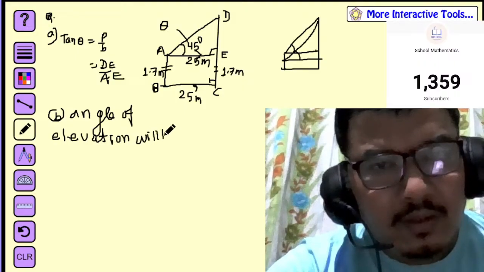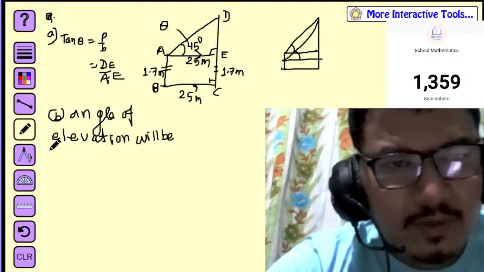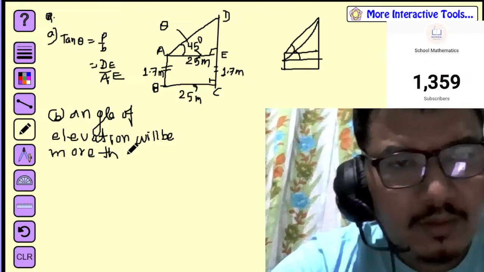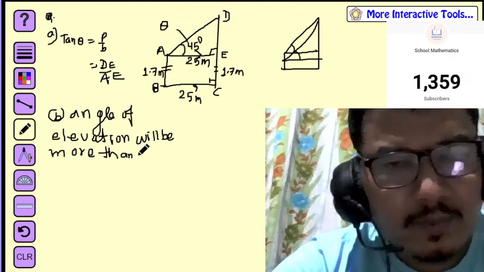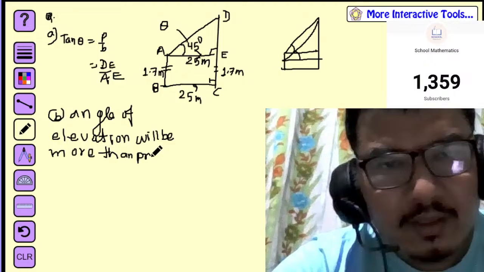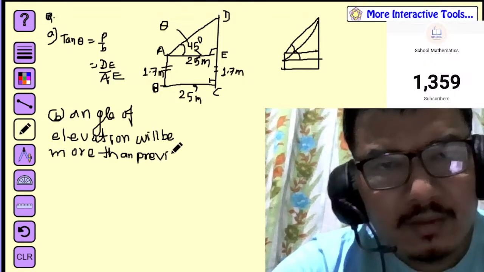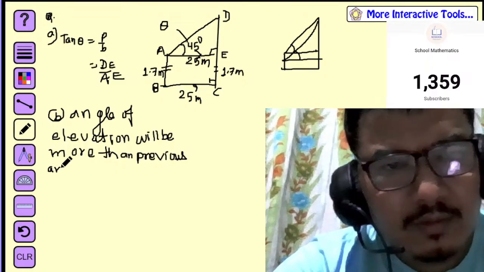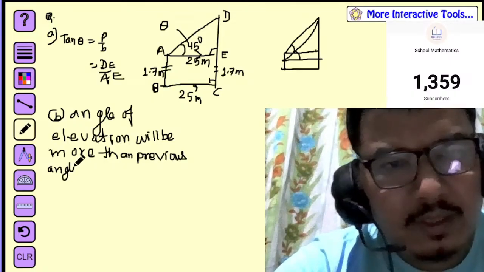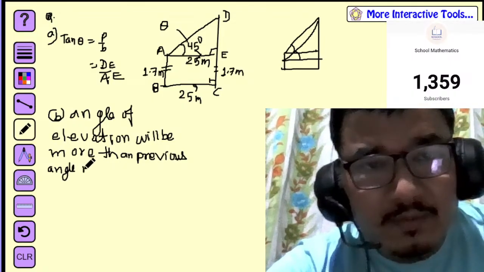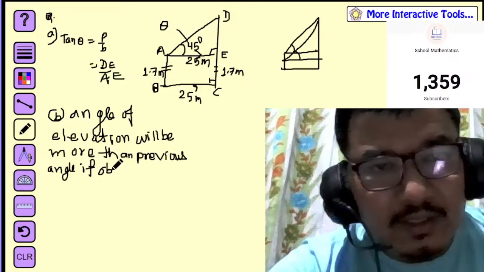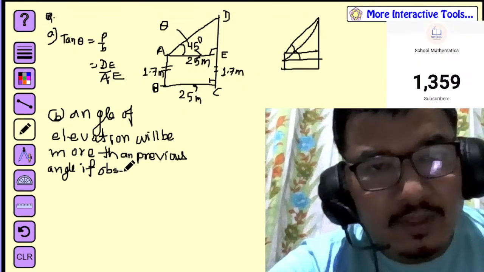You can write it like this: the angle is more than the previous angle if the observer's height is decreasing.